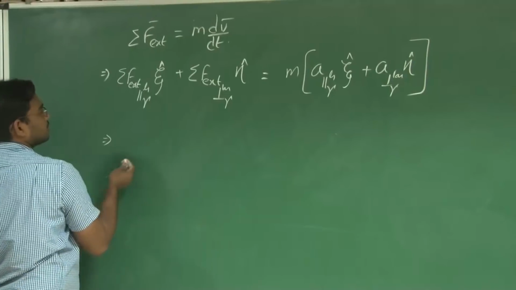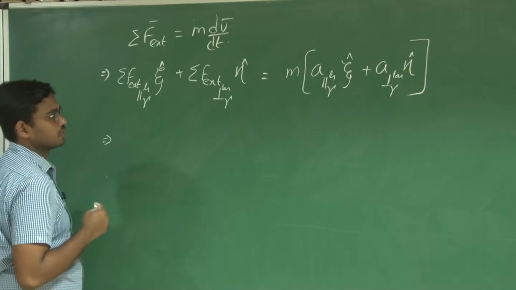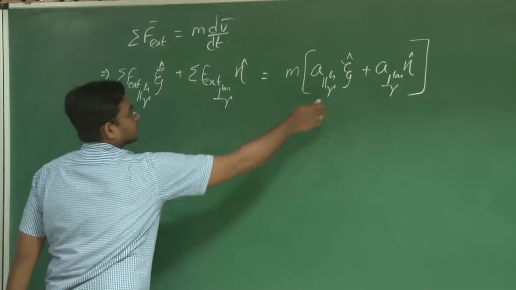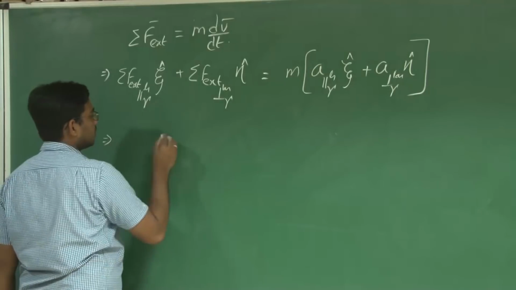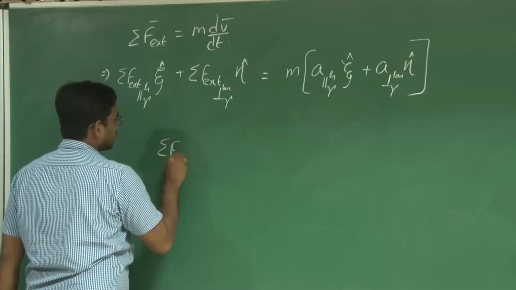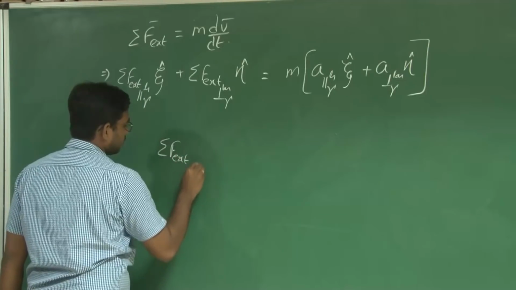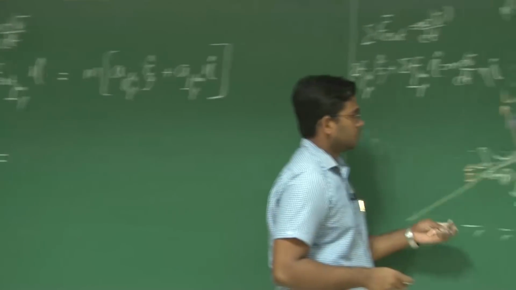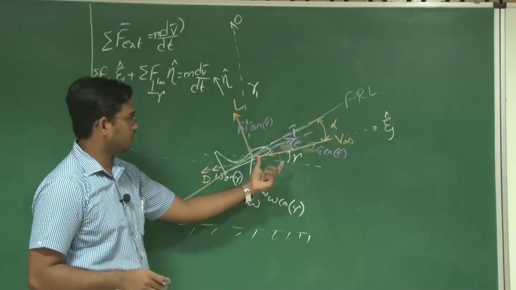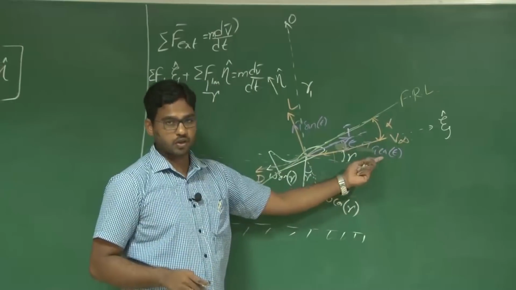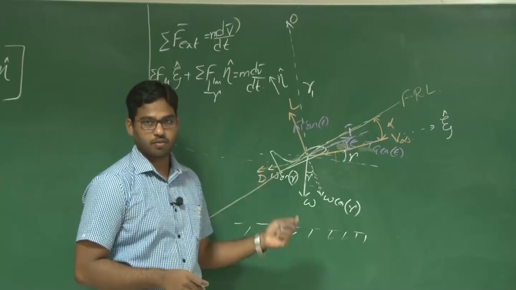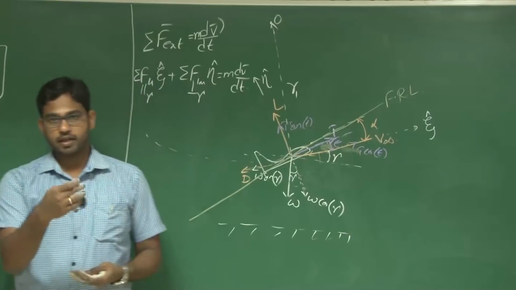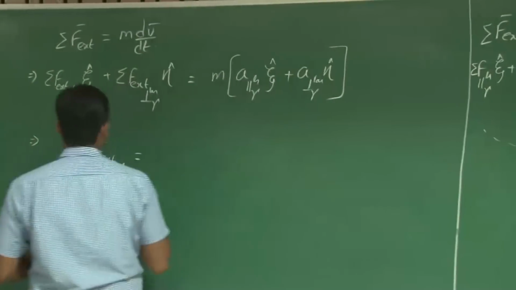Now let us consider the equation of motion along the flight path, by comparing the coefficients of zeta cap, right? So total sigma F external parallel to gamma equals, what are the forces? What are the total forces acting along zeta cap? T cos epsilon, D and W sin gamma. So T cos epsilon is in the positive direction, D and W sin gamma are acting along the negative zeta cap direction.